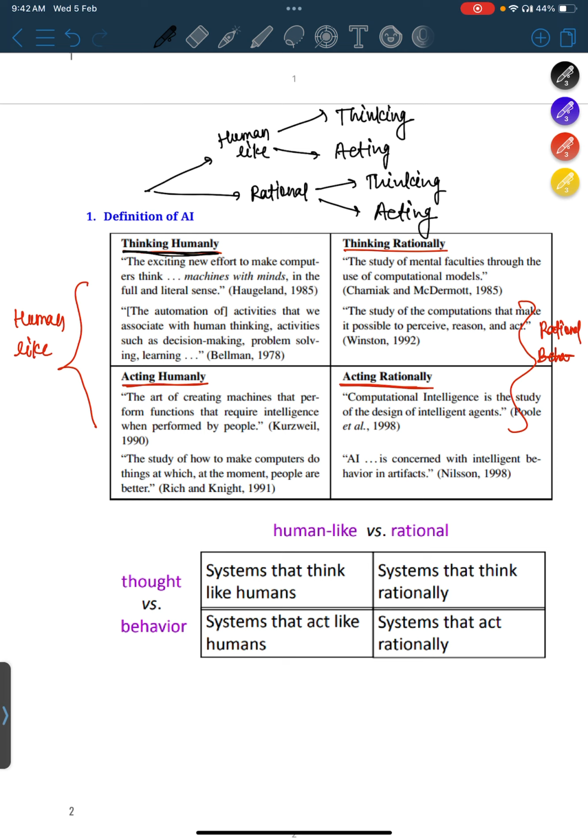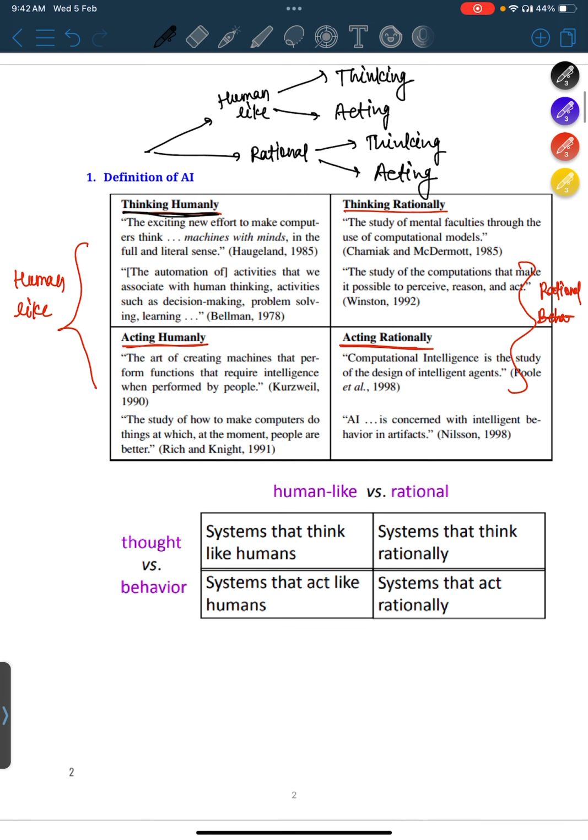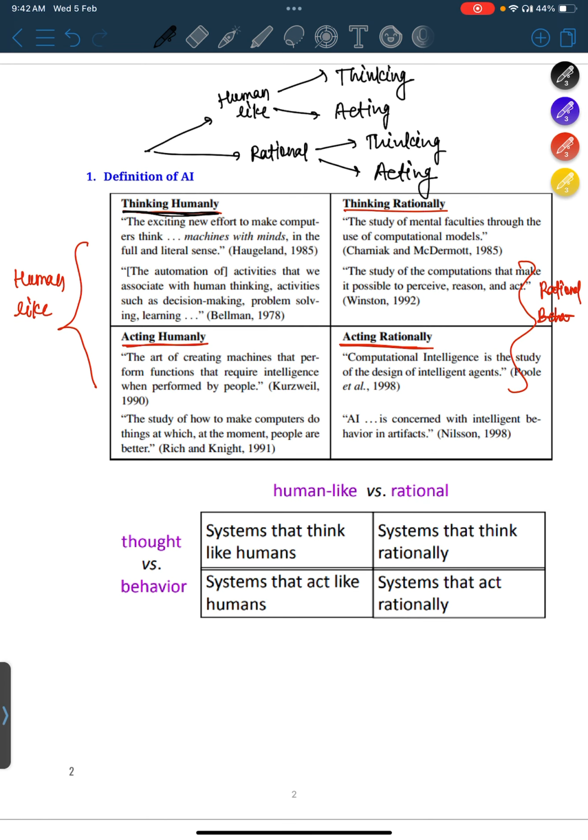We can get some approximate idea based on brain imaging or psychological tests, but this will give us a rough idea, not an exact idea, of how humans think. So it is kind of hard to define how humans think.